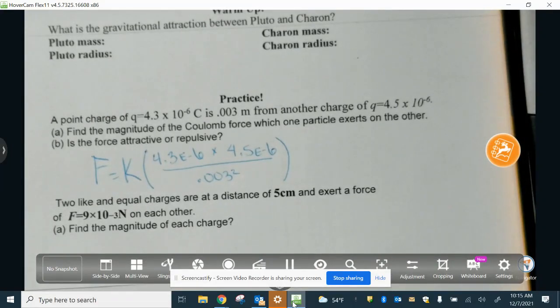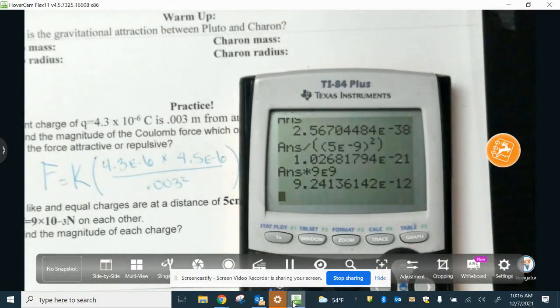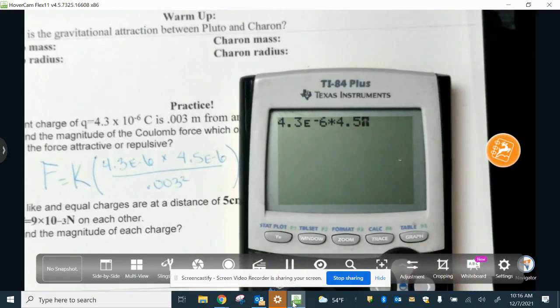All right, when you write this all out, it should look like this. Okay, calculator work. (4.3 times 10 to the negative 6 times 4.5 times 10 to the negative 6 should get you that.